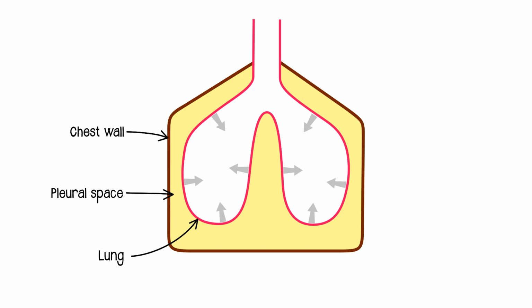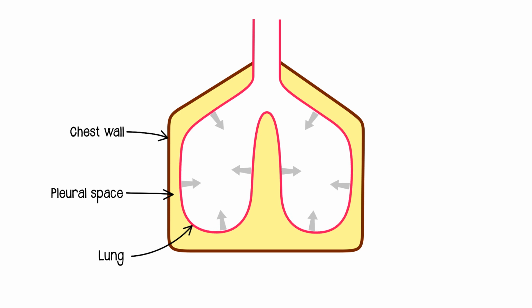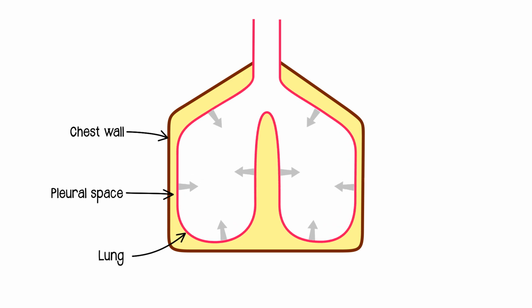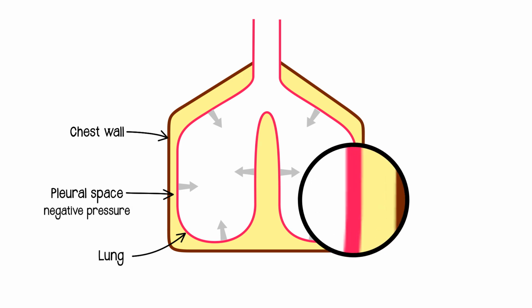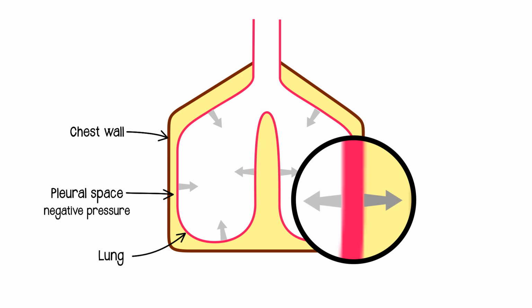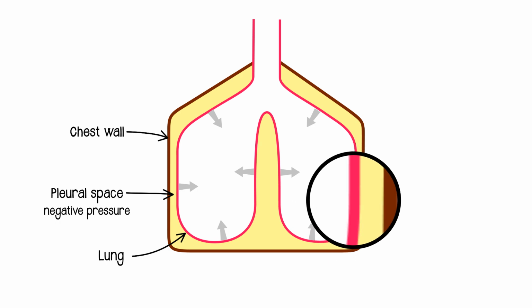And the thing about liquid is that it really can't expand or be compressed. It's an essentially incompressible substance. So you can't expand the volume of that pleural fluid. What that means is the lungs will try to collapse, they'll try to get smaller, and what will happen is that the pleural fluid will develop a negative pressure. And that negative pressure will effectively pull on the outside of the lung and stop it from collapsing.